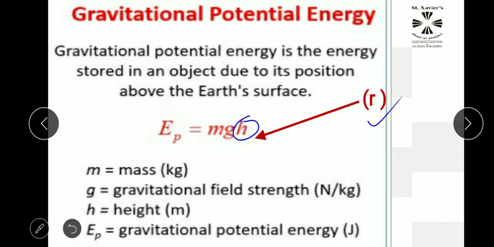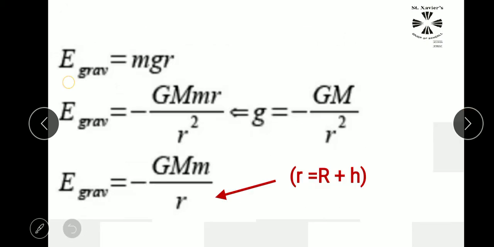Then our formula will become potential energy is given by mgR. R is nothing but displacement. In the previous formula it was h, that means height, which was also a displacement, but in the vertical direction. So the same thing is there, only we are using the letter R, because till now we have used the same letter R for distance between the objects.